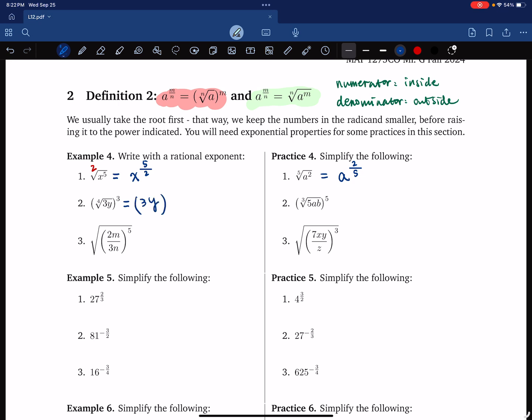And then the 4 is the index, so that will be the denominator. And then you have the exponent, that's the numerator, so it goes to the top. On the practice side, we have 5ab, that's inside, so that's your base. The index is 3, so that's the denominator. And then your exponent is 5, that's the numerator.